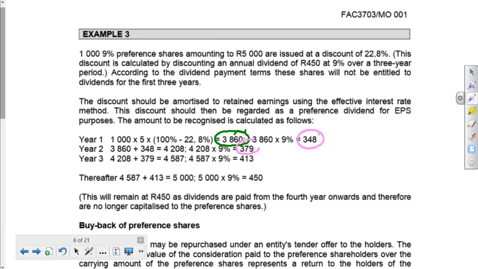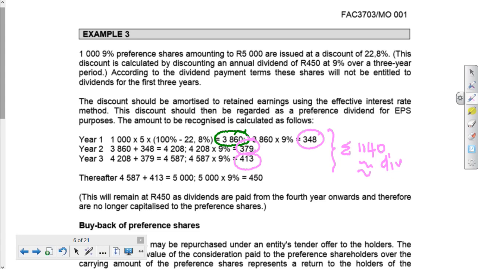So the difference is going to be these three numbers. There is the 1140, which I'm going to say is a dividend. It's a deemed dividend, isn't it? If we read the question, it says, this discount is calculated by discounting an annual dividend of 450 at 9% over a 3-year period.